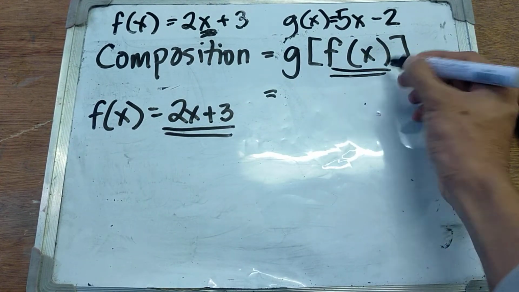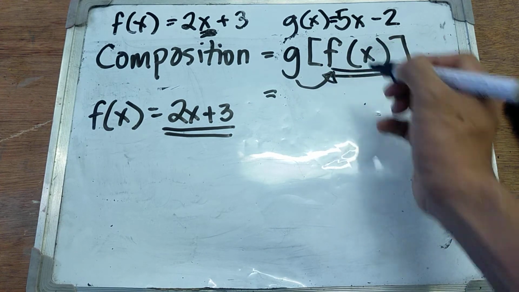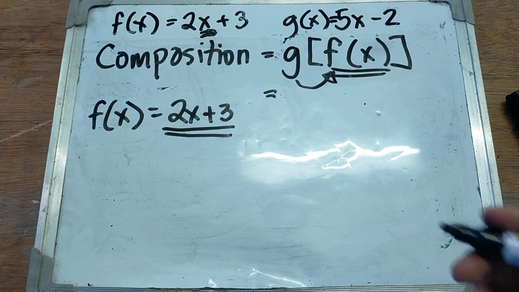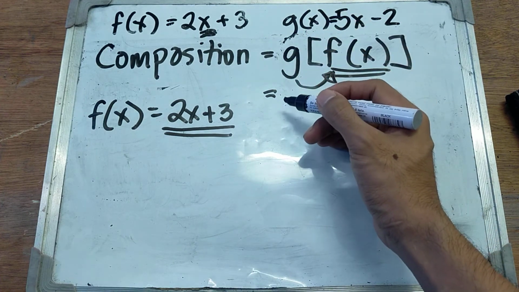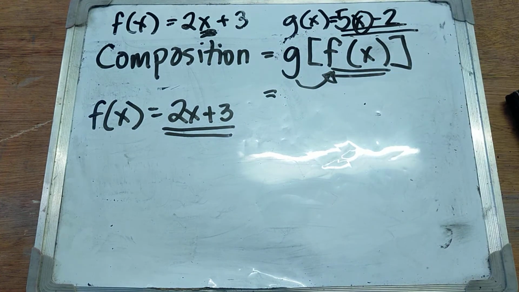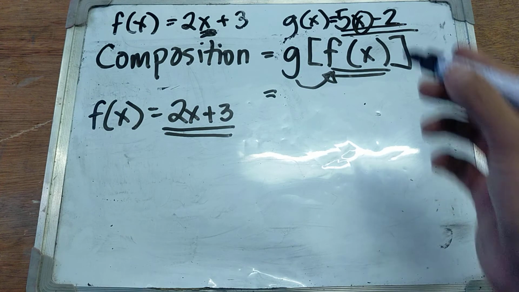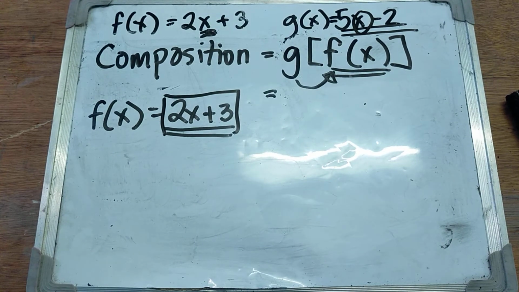So after identifying f of x, we are now going to apply g of f of x. So same thing as what I have demonstrated to you earlier. No? What we're going to do is to use this and substitute the value of x. Okay? So what we are going to substitute here is the equivalent value of f of x.